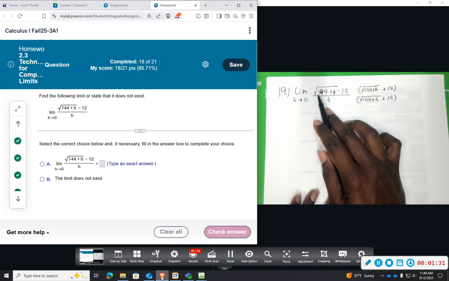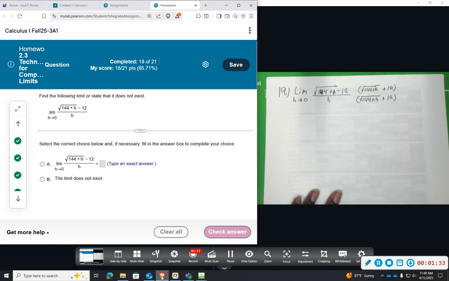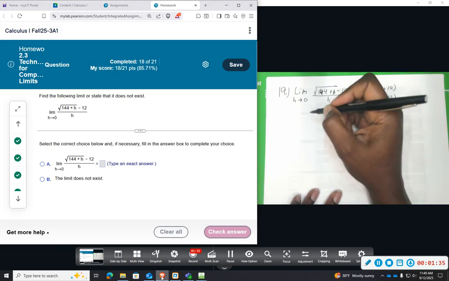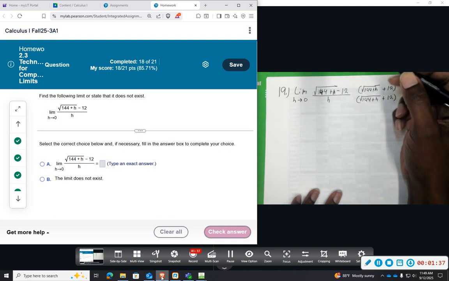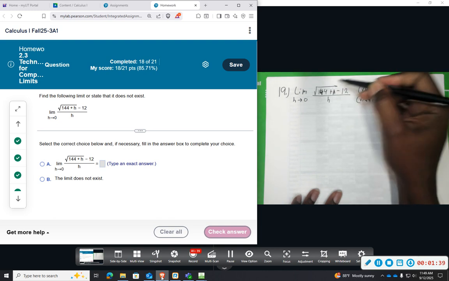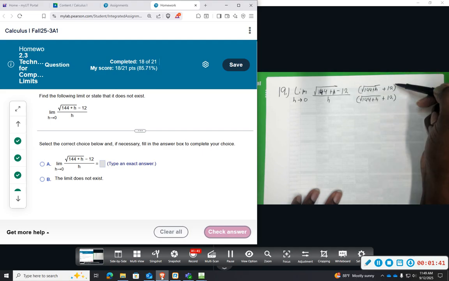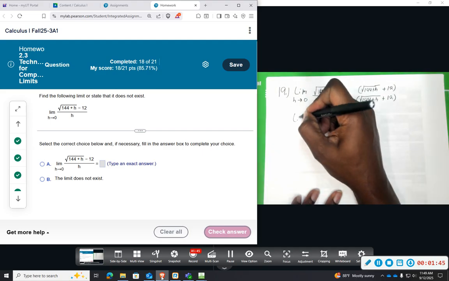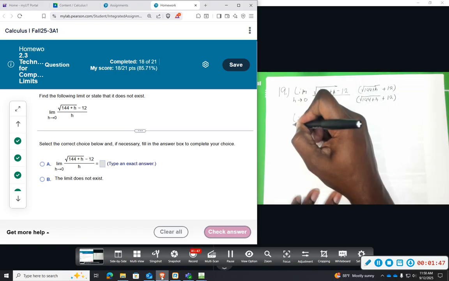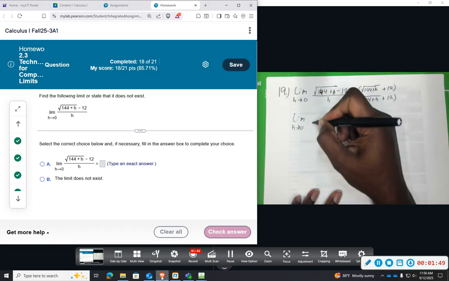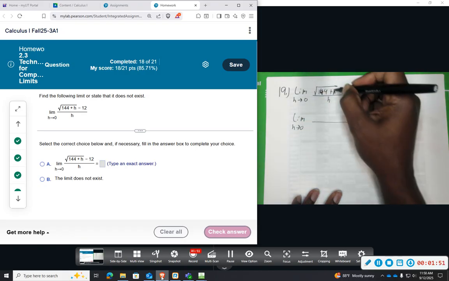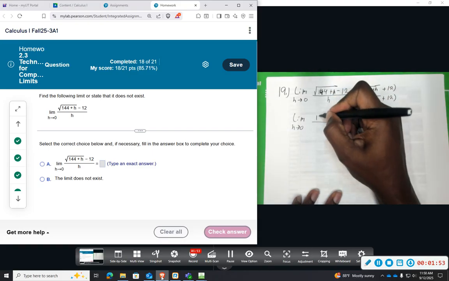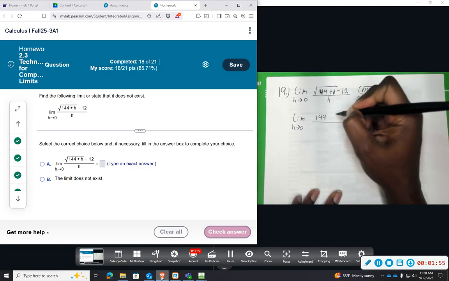So when I multiply by this conjugate on the top, it's kind of like using the difference of squares. Square the first, square the second term, and then we'll have a minus in the middle. So limit as h goes to 0. On the top, if we square this square root term, we'll have 144 plus h.